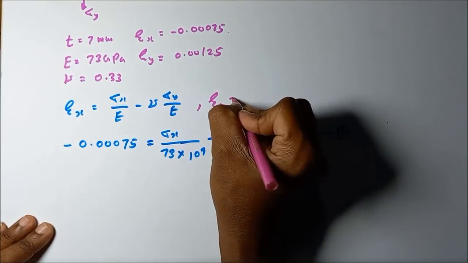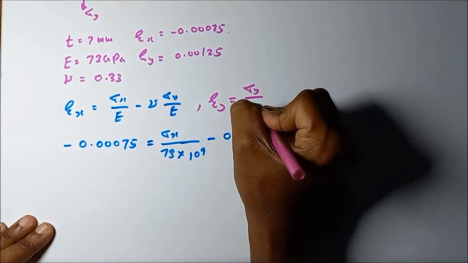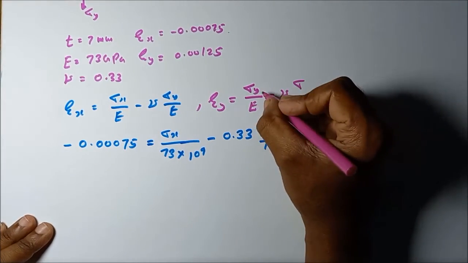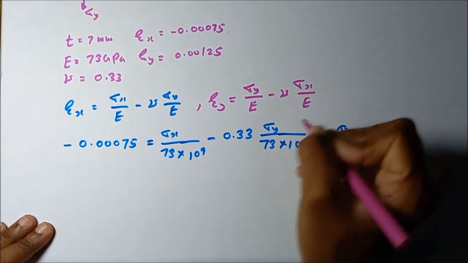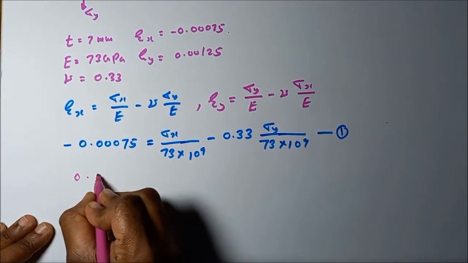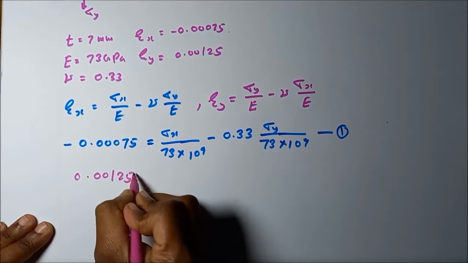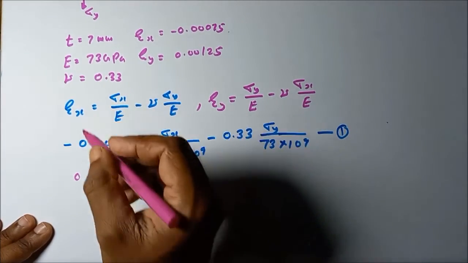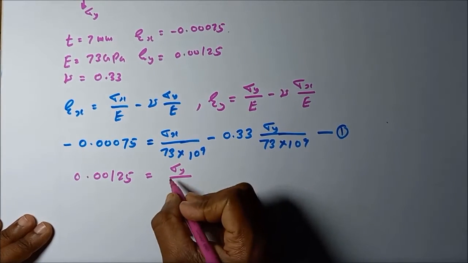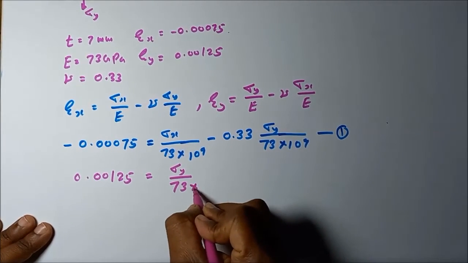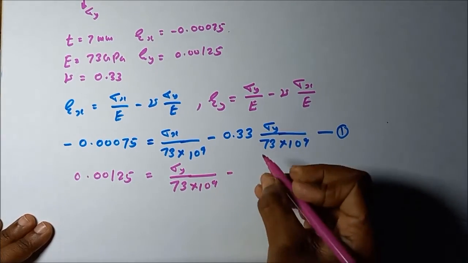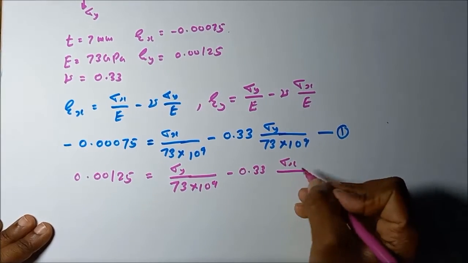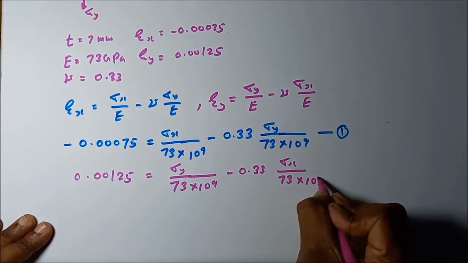Strain in y direction is equal to sigma y divided by E minus nu sigma x divided by E. Okay, 0.00125 is equal to sigma y, sigma y we have to find, divided by 73 into 10 to the power of 9, minus 0.33 sigma x divided by 73 into 10 to the power of 9.